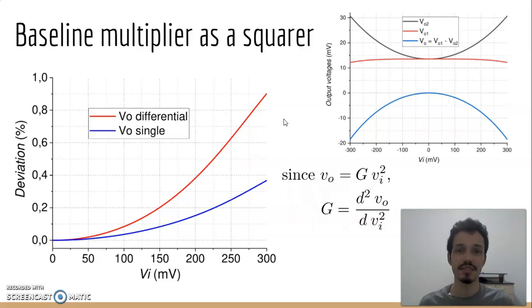This then justifies the use of the VO2 output as a squarer instead of using the whole structure, because we not only improve this deviation from the maximum second-order gain, but we also need only half of the circuit, and this will cut by half the area we need to implement it and both the static and dynamic power dissipation.